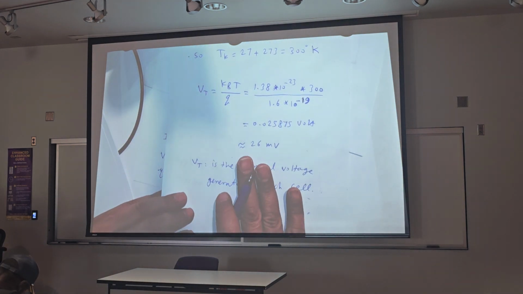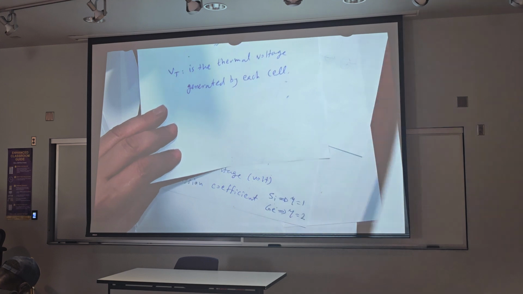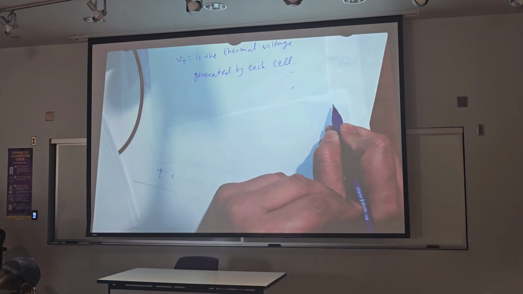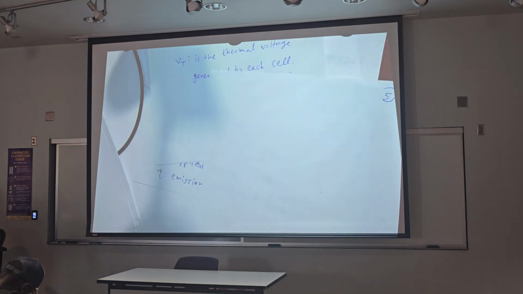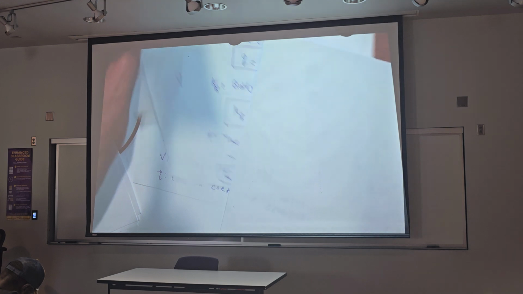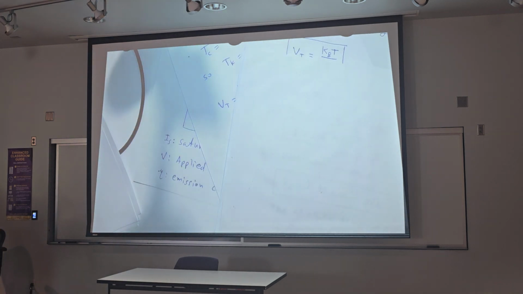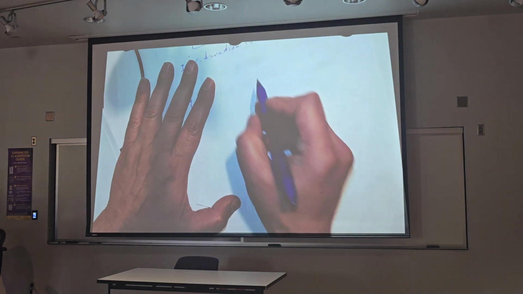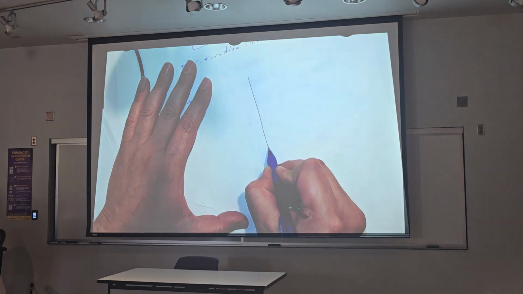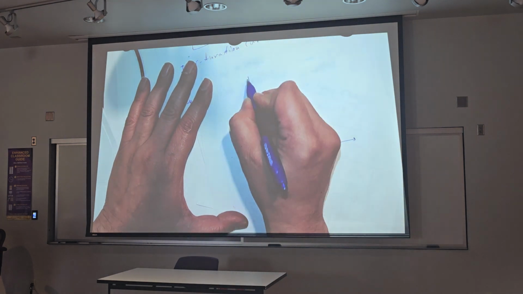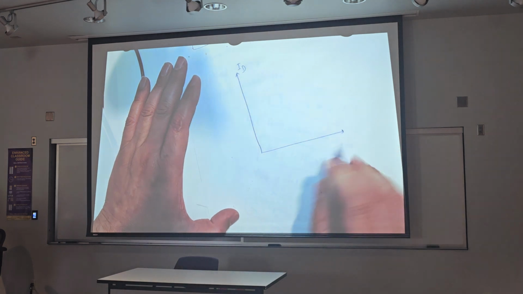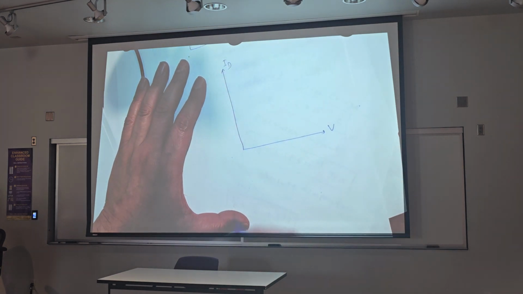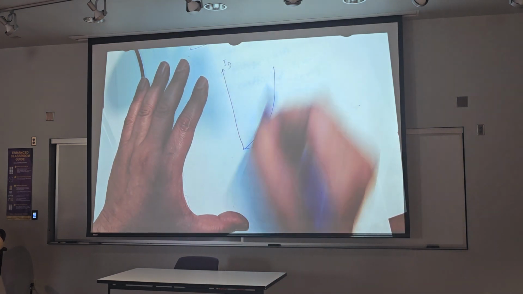Any question about this one? Now, according to this equation, the relation between I_D and V is exponential.